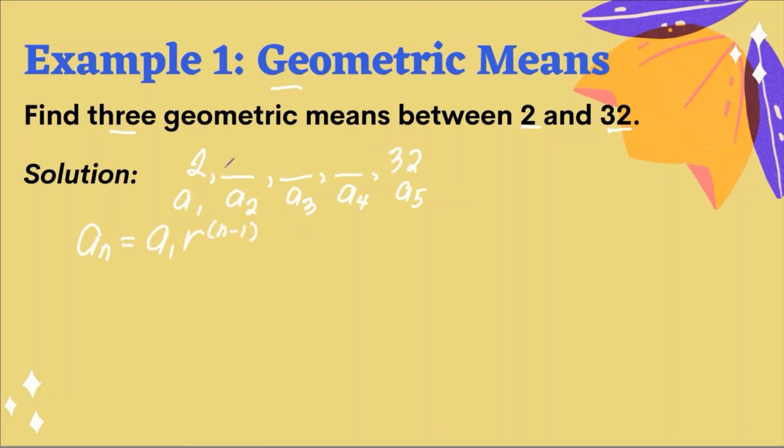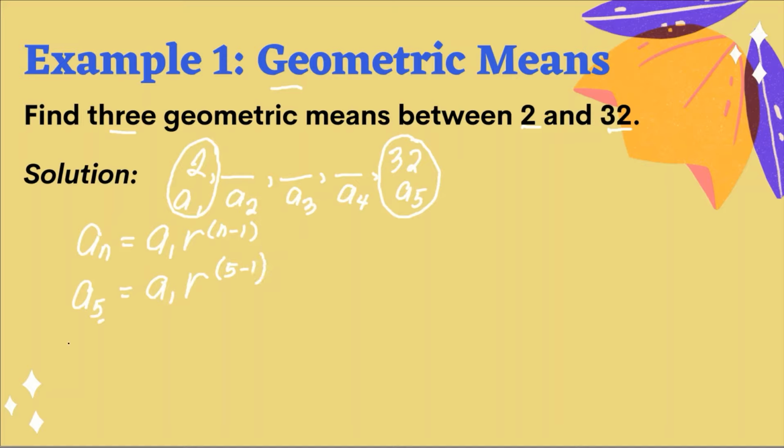We know that the given are a sub 1, the first term, and the last term, a sub 5. So our last term is a sub 5 equals a sub 1 times r, which is unknown, to the power of n, which is now 5 minus 1.